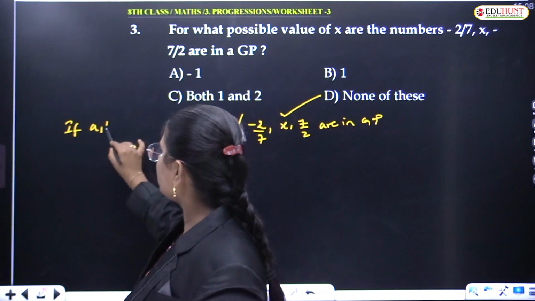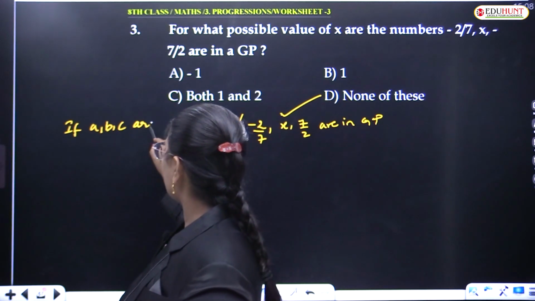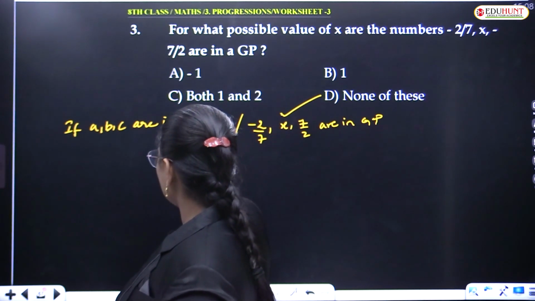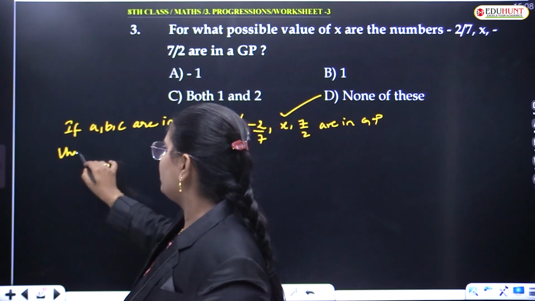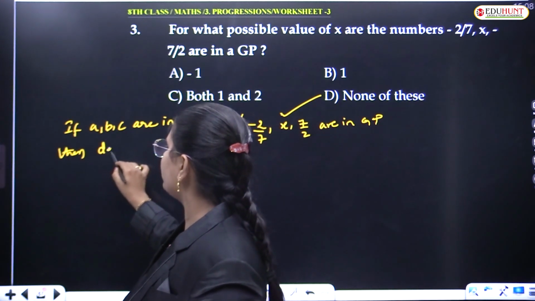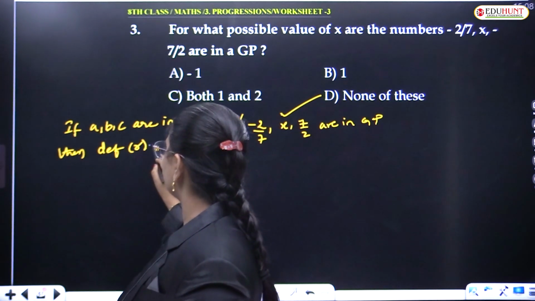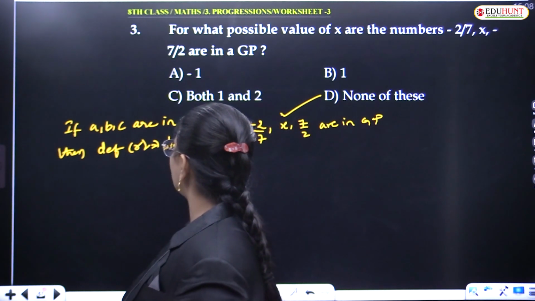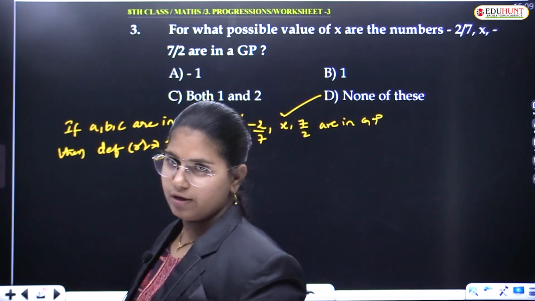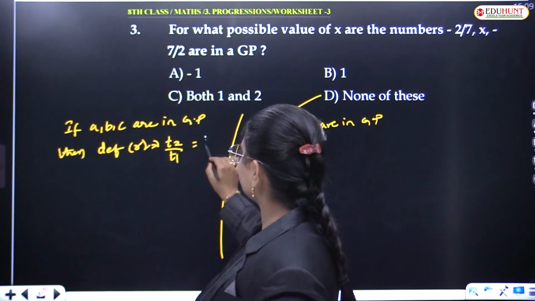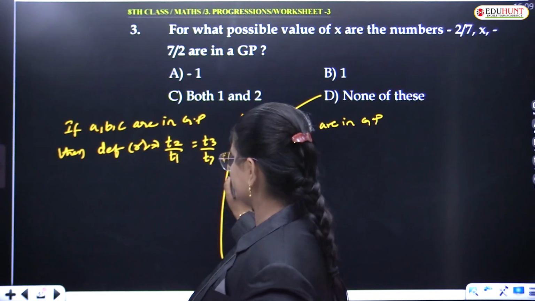If A, B, C are in GP, then by the definition of common ratio, T2 divided by T1 is also equal to T3 divided by T2.